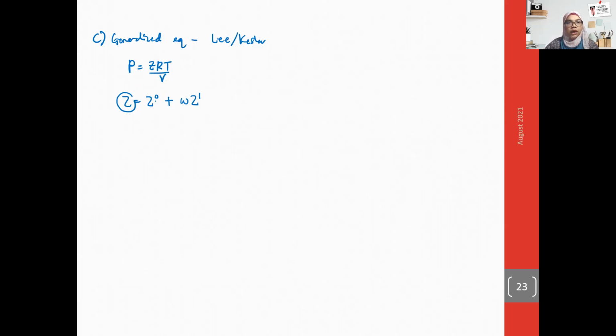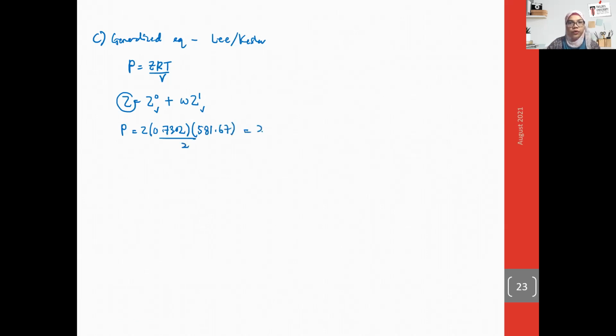I don't have the values of Z0 and Z1, so we need to create the correlation. Based on this, we have P here, but we don't have the information on Z. So we have the temperature, which is also given to us, and V is 2.